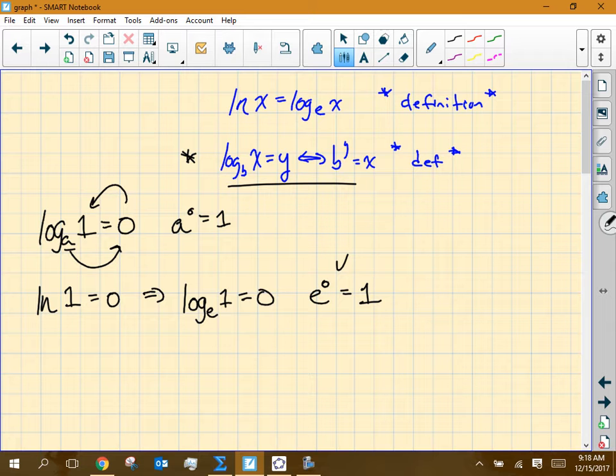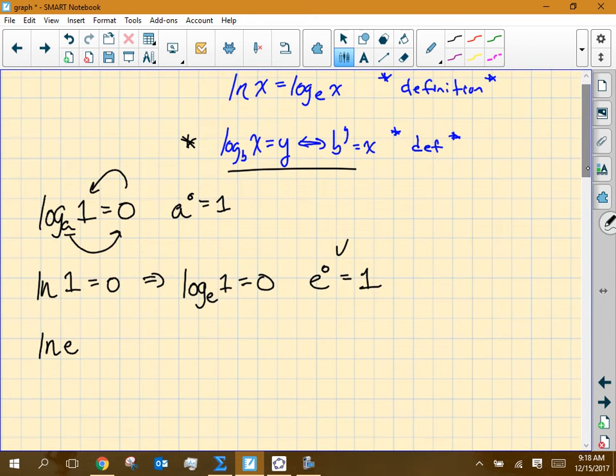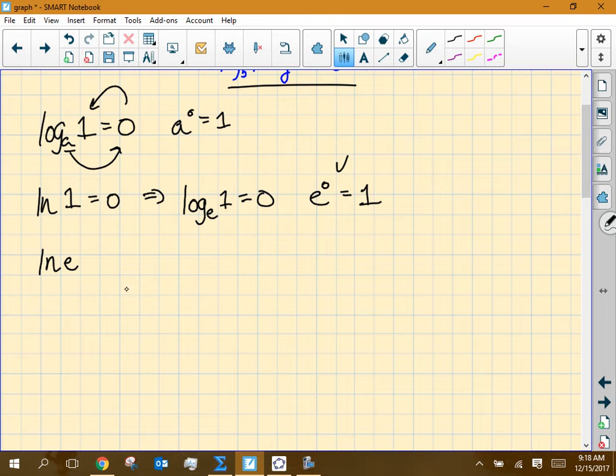Okay? Same thing happens with some of these other properties that we saw with logarithms with base a. If I have ln of e, this one gets used a lot, okay? Ln of e is going to equate to 1, okay? But here's the logic behind it.